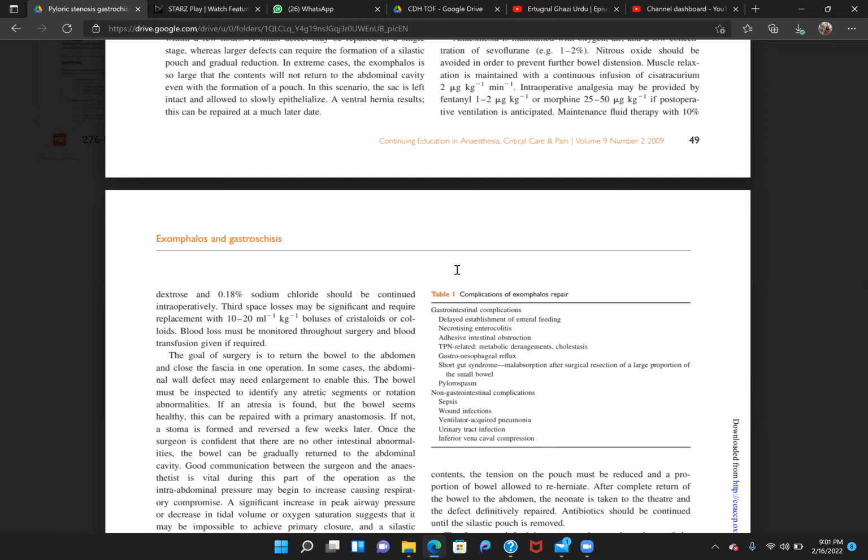Sir, I would like to do echo especially in Down syndrome patients. Actually, it depends on what sort of surgery you are going for. But if there are signs like a murmur or cyanosis on crying, that will be a strong indication. Otherwise you can rule it out, according to the level of surgery. As a general rule, if you are doing any elective case, it is better to rule it out.